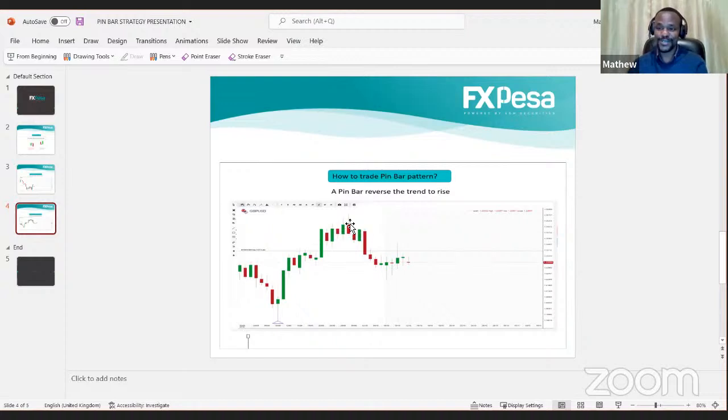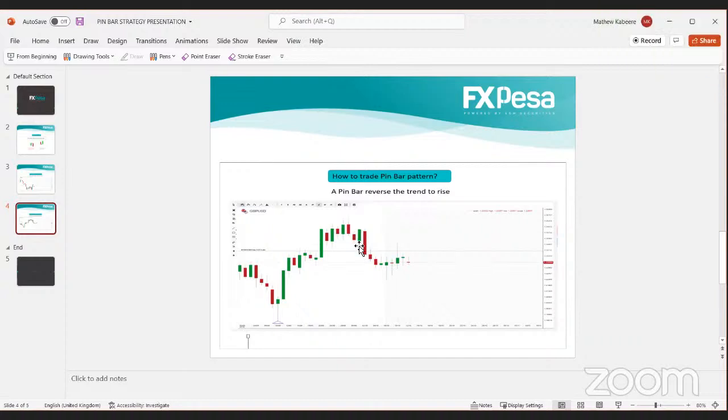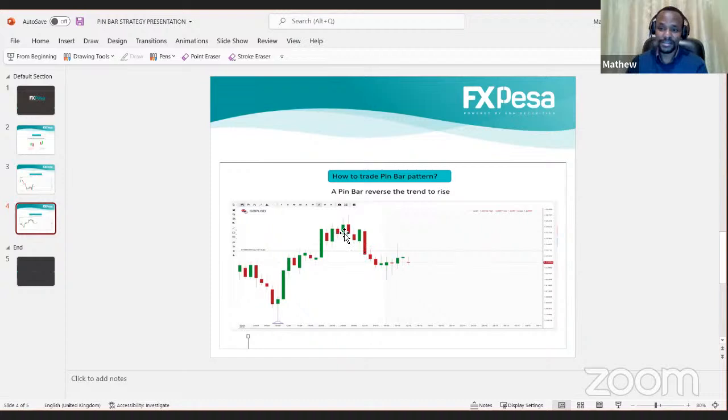There's something I would want to talk about, though it might seem a little bit complex for now. This is a little bit more advanced, but you actually do not need to see a pin bar by itself for you to see price rejection. Sometimes you might have to add 2 candlesticks, and you realize it's more of a pin bar.